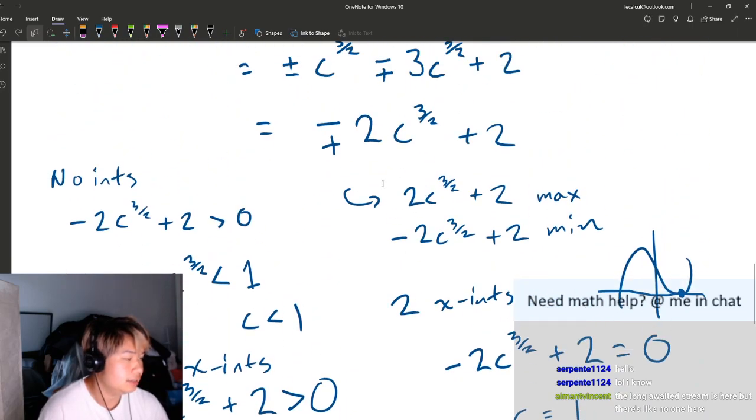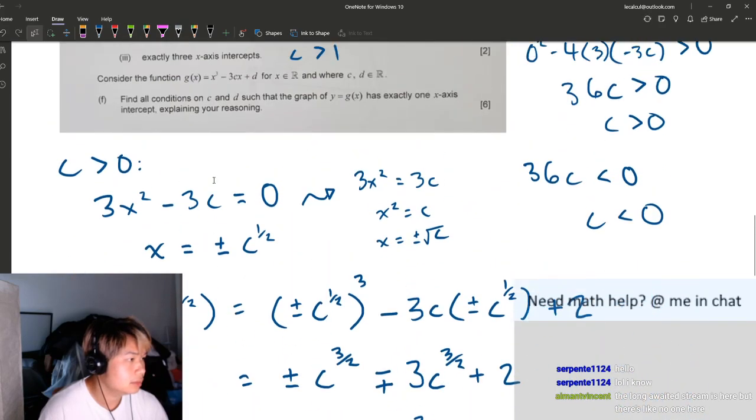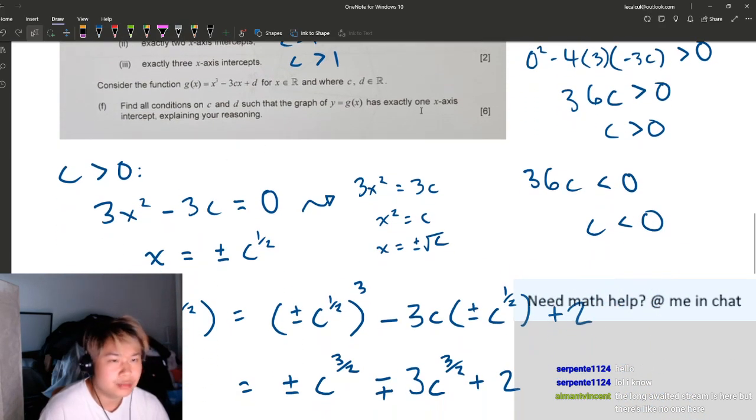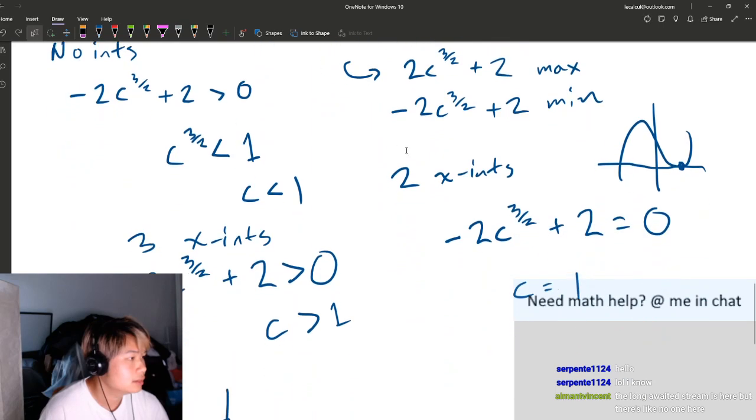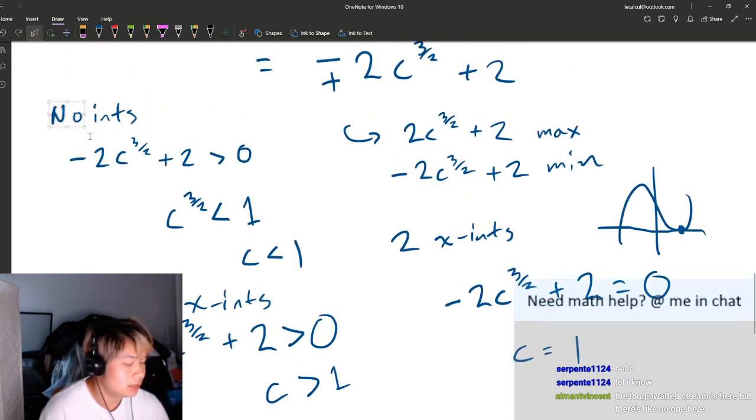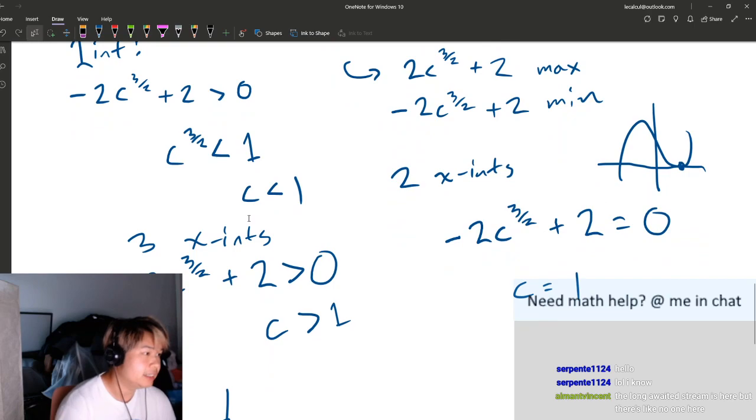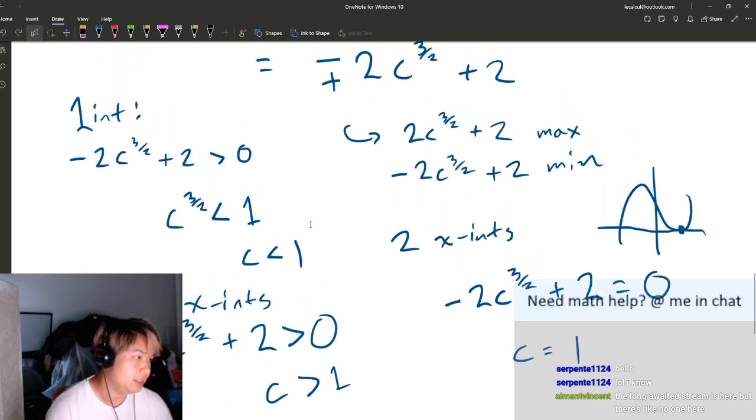That's this situation that we've been working on this whole time. Oh, this one should, sorry, this one should be no x-intercepts. This one should be 1. But we already did this one. It's when C is positive. Maybe. Actually, no, it depends, because now this is D.